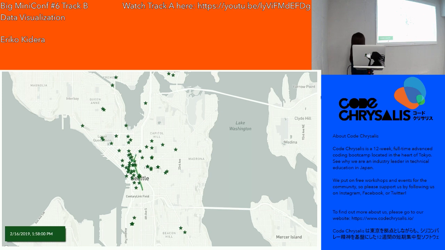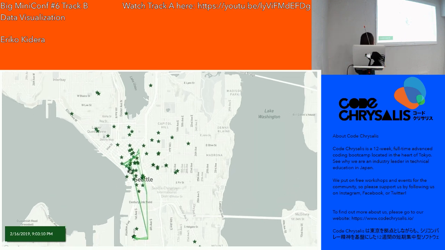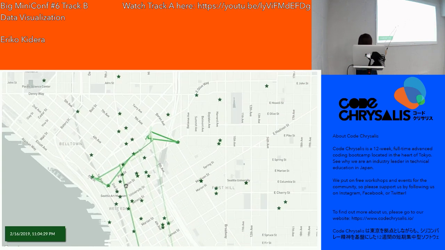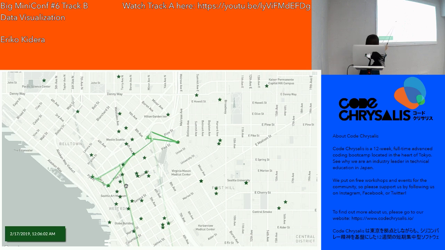This is the time, and this green line is my traceability. Actually, this is the headquarters of Starbucks. I will zoom in. This is Pike Place Market and the first store and the Reserve store. I just went to Starbucks.